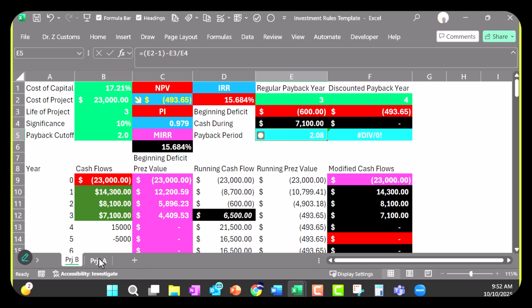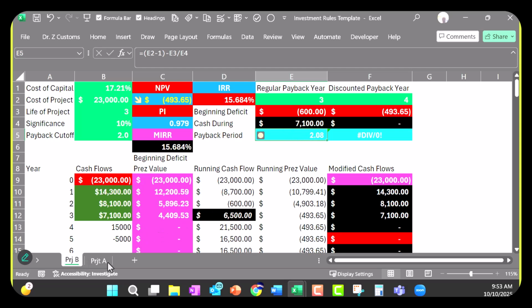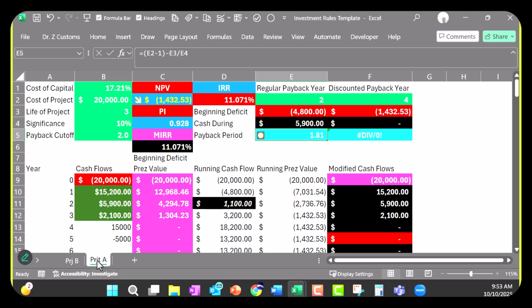So given these, if you wanted to use the payback rule, which one of these projects, if any, would you accept? Project A pays back in 1.81, B pays back in 2.08. Project A, because it's shorter.